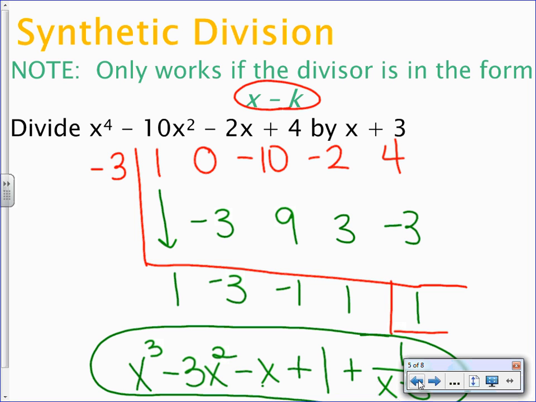If I told you to find f of -3, what would you do? You would plug -3 into all of these, right? Synthetic division with -3 right here, whatever our remainder is, that same thing.